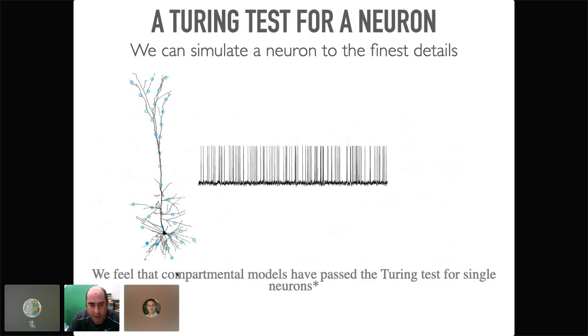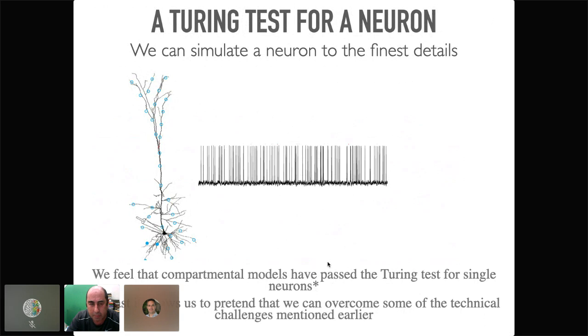So we feel that the compartmental model has passed the Turing test for a single neuron in some ways. I have to remind you that we haven't done the full experiment, so we don't really know what happens when you activate all the synapses or many of the synapses, because we've never done that experimentally, so we cannot test the model against this data. But from all other points of view, it looks like it's a good model.